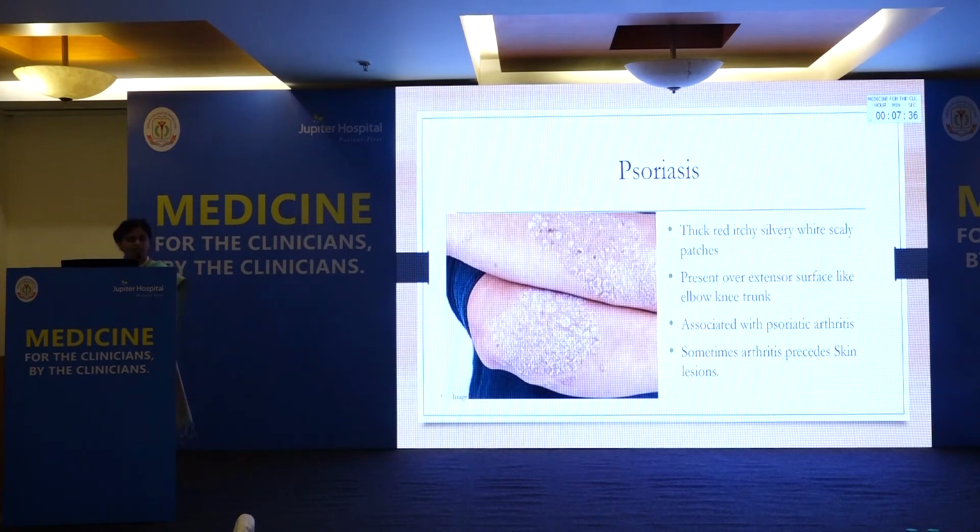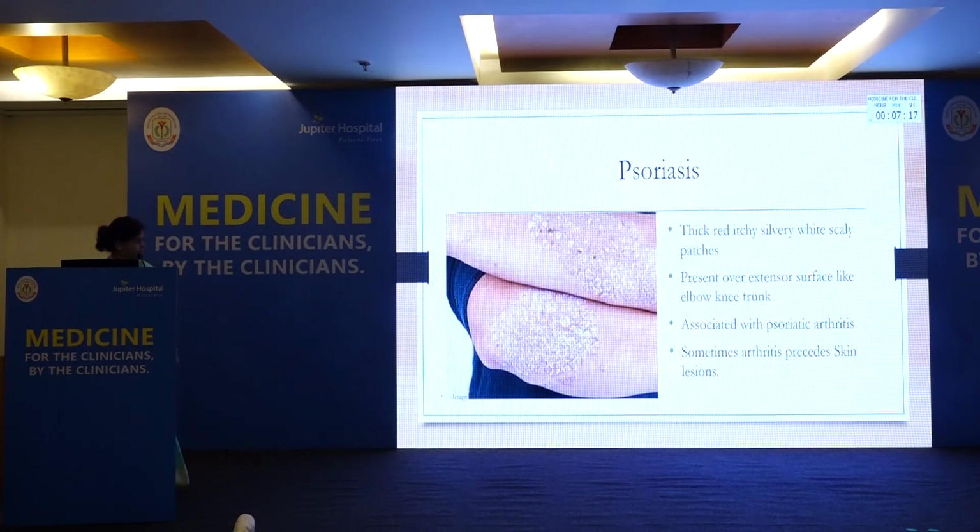Then this is another kind of rash we are aware of. These are thick red itchy patches which have silvery white scales, and this is diagnostic of psoriasis. Psoriasis is a skin condition, and when a patient with psoriasis comes with arthritis, they might be suffering from psoriatic arthritis.